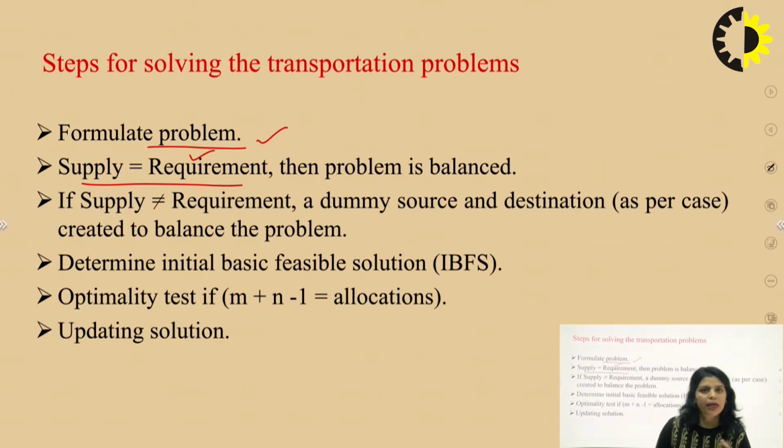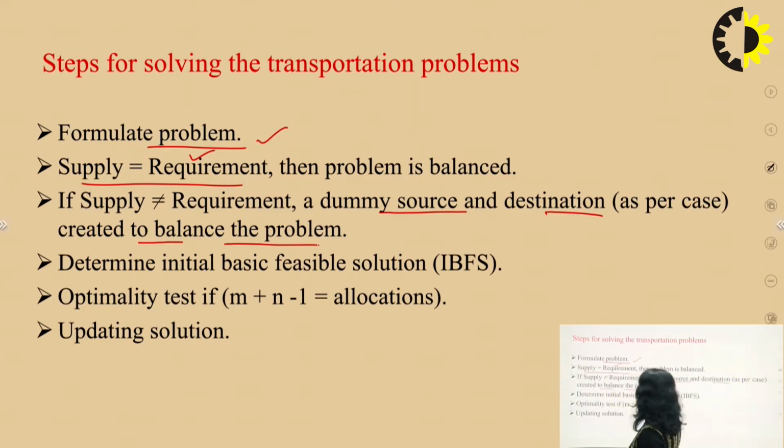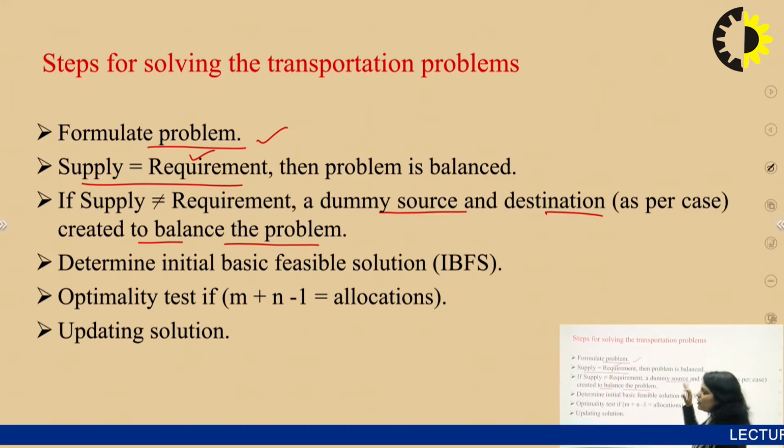We will balance our transportation problem. How will we balance it? We will add a dummy source or destination as per the requirement. So in case of an unbalanced problem, we will add a dummy supply column or a demand row.